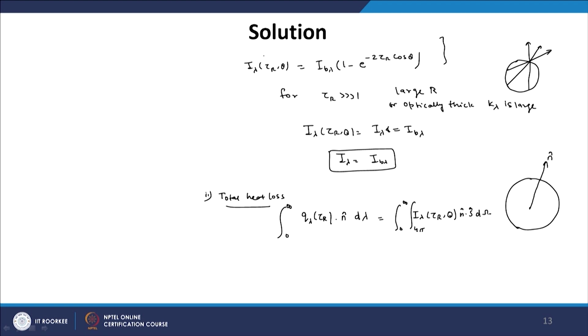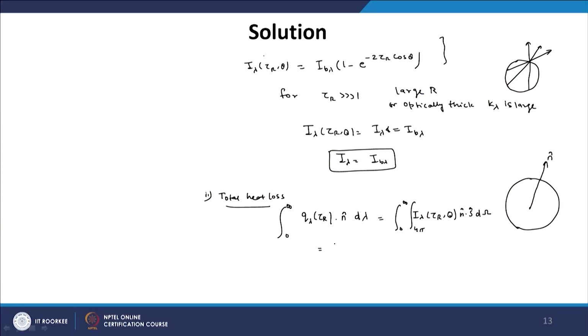Okay, so intensity is a function of theta. So, we have to take a dot product with the normal vector to calculate the heat flux, and that heat flux will be spectral heat flux. We have to integrate over all the wavelengths. So, this will be equal to the integral from 0 to infinity, 0 to 2 pi, of I lambda tau r theta cos theta for n dot s cap, and d omega becomes sin theta d theta d psi.